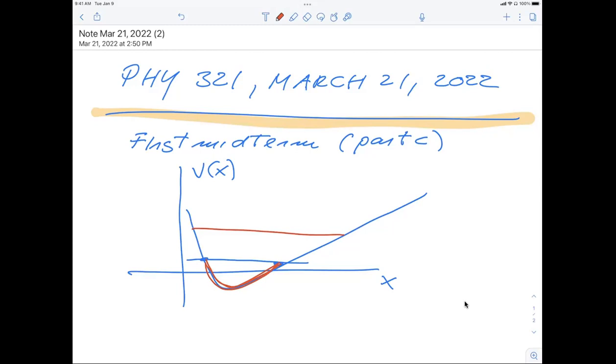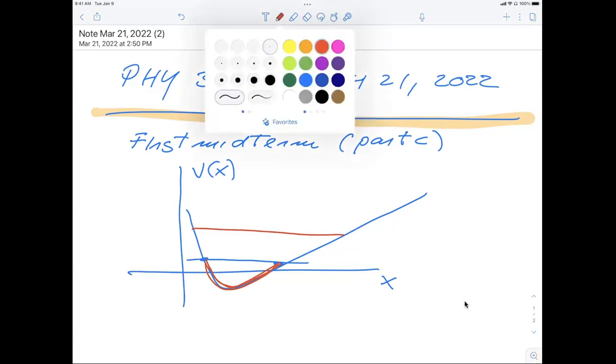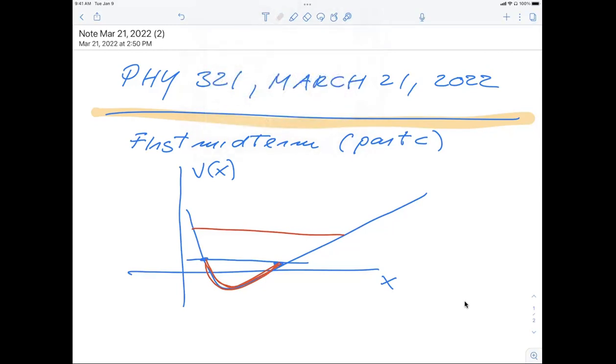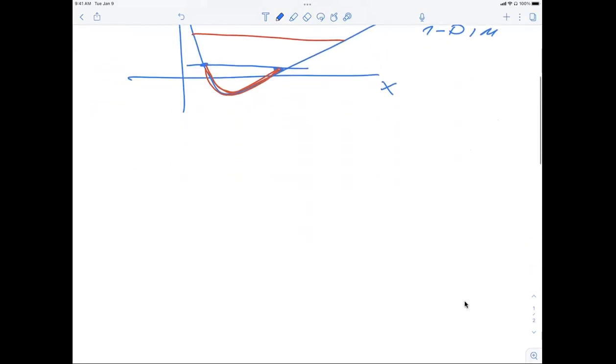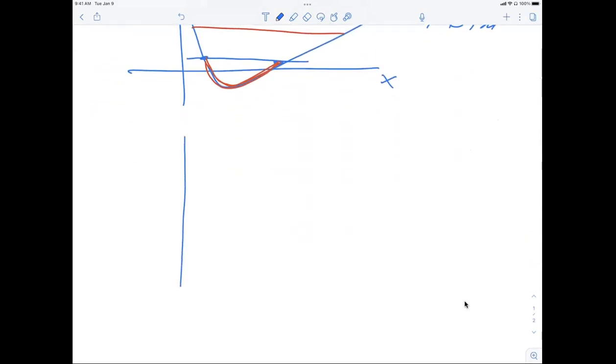Now, what happens when we go to the two-dimensional case? This was in one dimension. If you go to two or higher dimensions, we are going to plot the potential as a function of the spherical radius, or if you have polar coordinates, the radius. That means the radius goes from 0 to infinity.